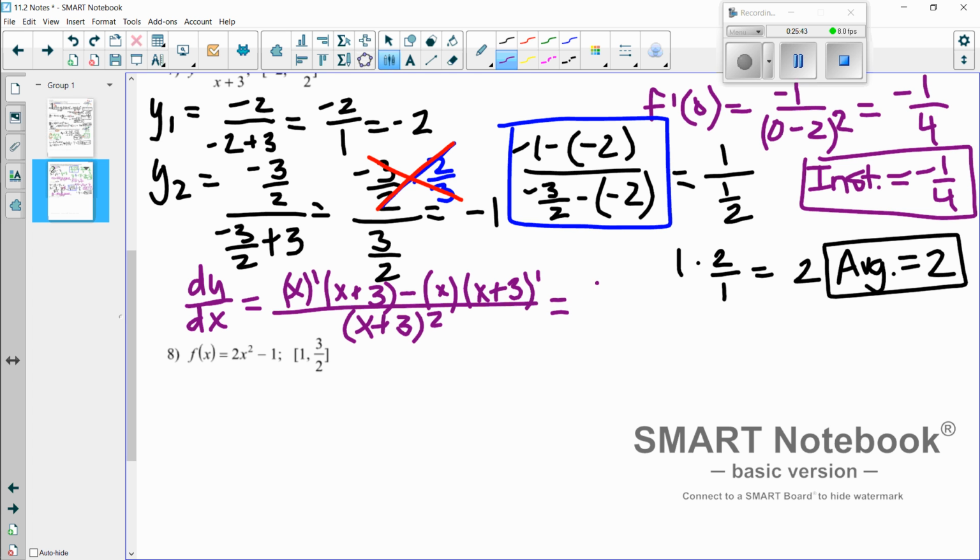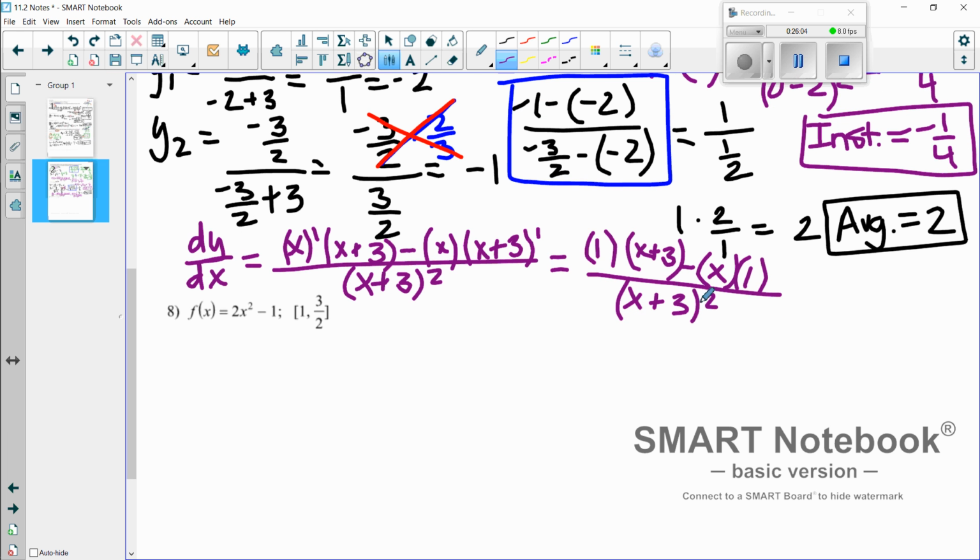And it's going to be 1 times x plus 3 minus x times 1, okay? And what we really can do is just plug in our value of -2 here, the leftmost value of the interval, right?